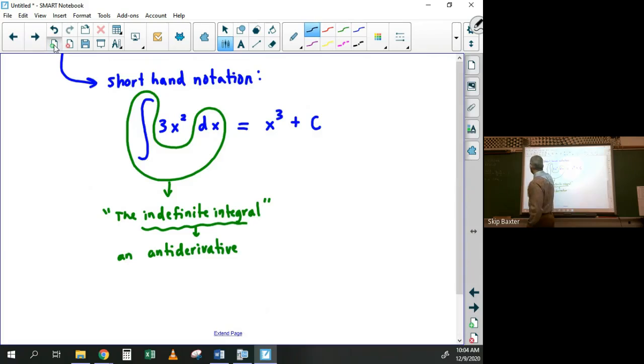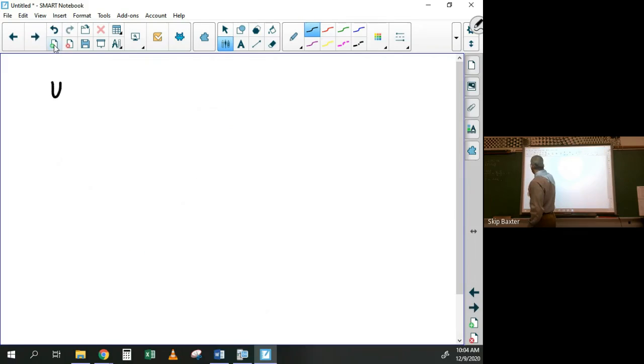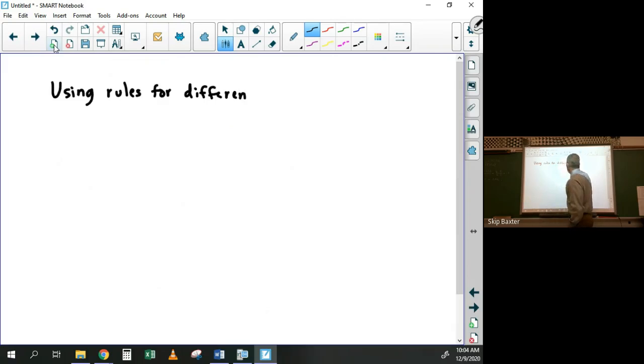So using rules for differentiation, we can find rules for anti-differentiation or for integration.